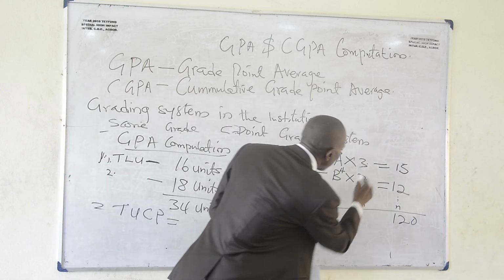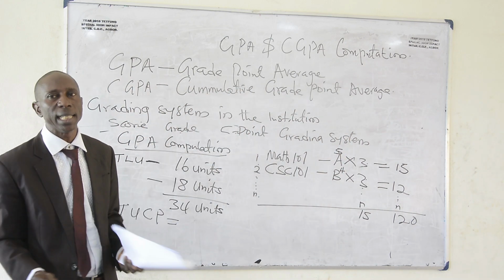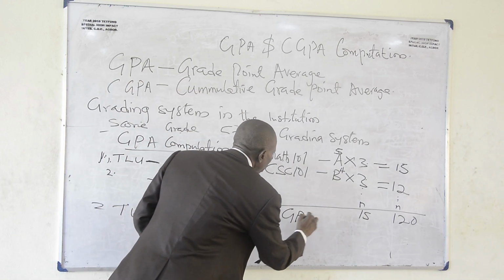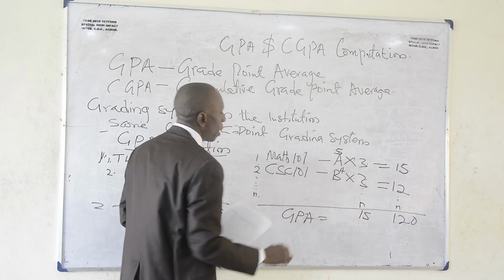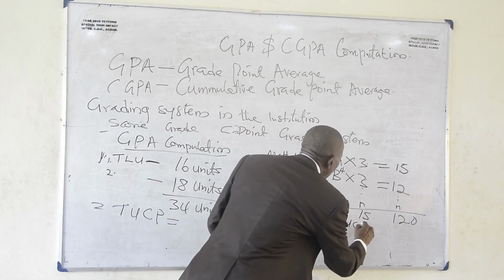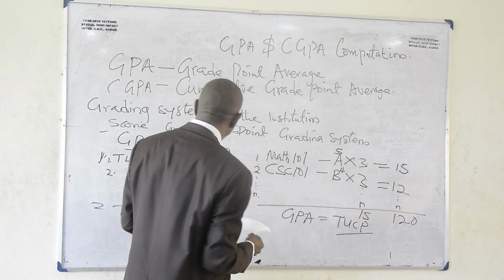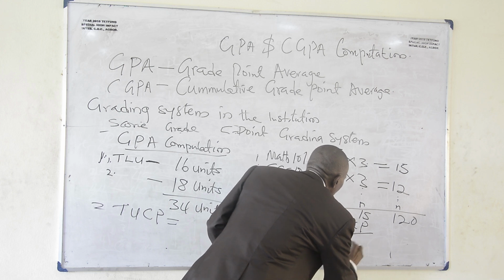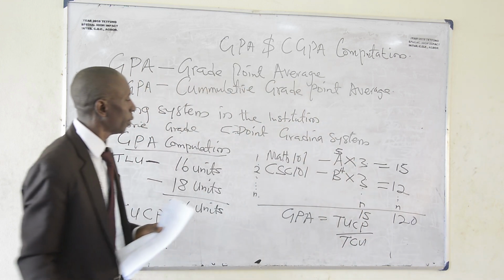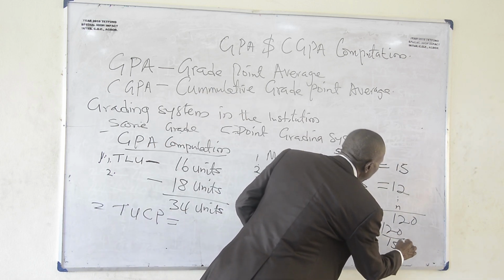If this is, for instance, 15, it means that at the end of the day, your GPA will be the total unit credit points over the number of total credit units, which will now be 120 over 15.